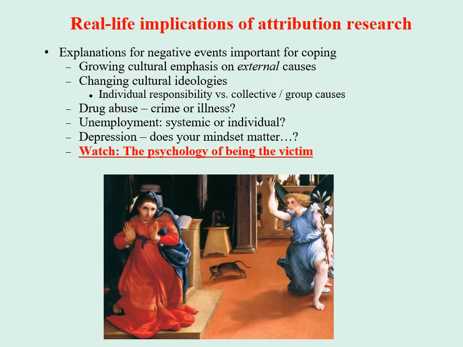If we change the definition and we now call drug dependence an illness, we use a medical model rather than a criminal model, that implies that you can't help it. Illnesses are external causes and they are beyond our control. So using the illness explanation may be comforting if you suffer from drug dependence, but it also implies that you have much less of an ability to do anything about it.